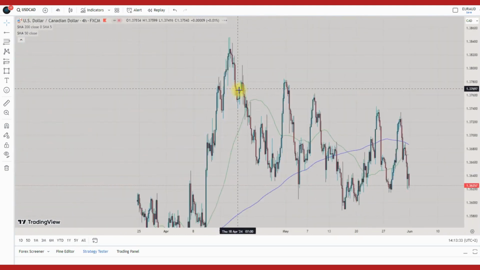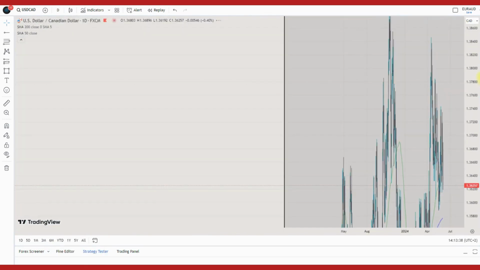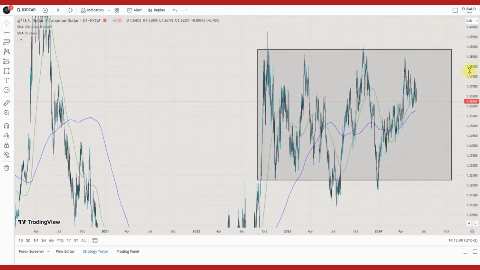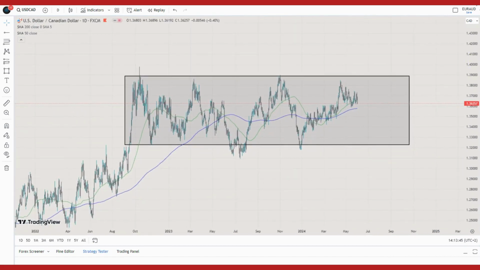On USD/CAD, price has been in a range for a long time. So let's see how price reacts to this particular area. I'm not supposed to show it because I don't have any bias here. This is a ranging market, but last week we sold USD/CAD and then we took our profit. So probably price might actually come back to this particular low, because this market is in a range.